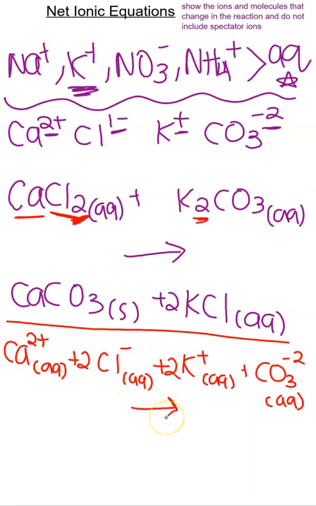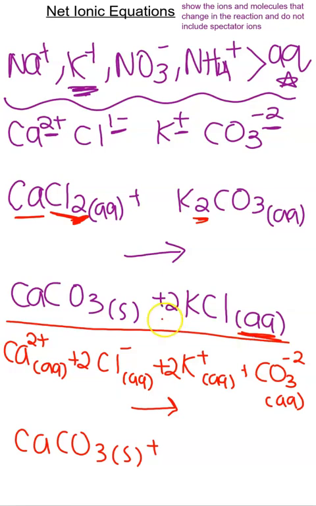Okay, arrow. Now for my products, calcium carbonate is solid, which means it does not dissolve in water. The ions do not split apart, so I'm going to write them together. CaCO3 solid. And then plus KCl is aqueous, so those ions are not together in solution.